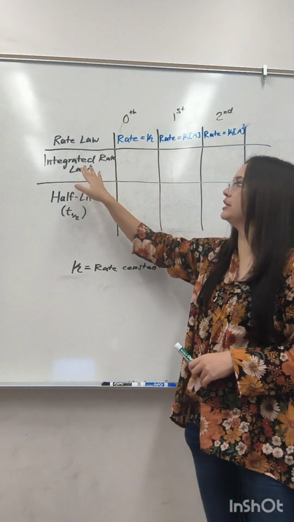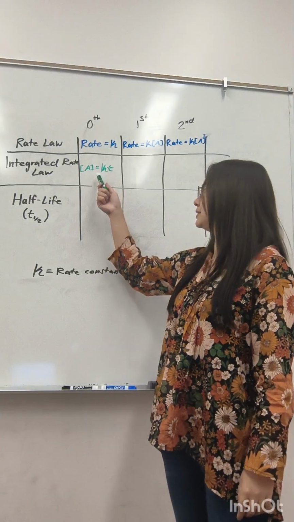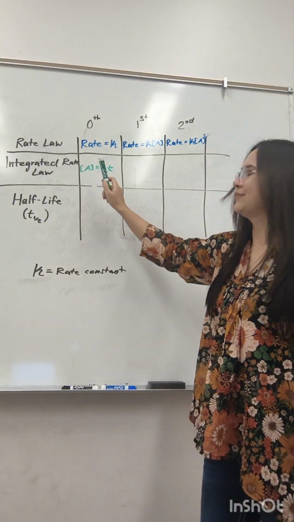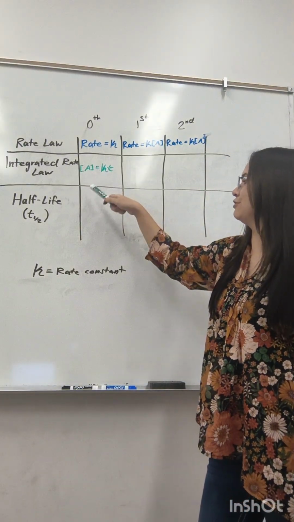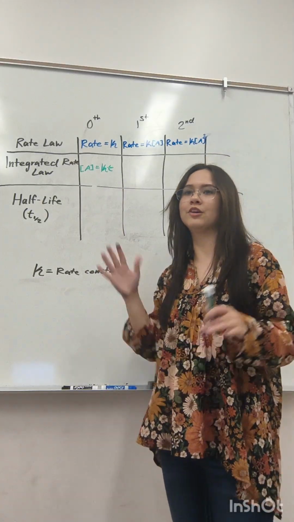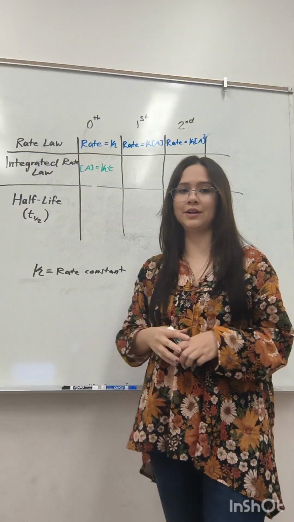Now we're going to move on to the integrated rate law. So for the 0th order integrated rate law, the concentration of A is going to be equal to your rate constant times the time that it took. So we're also going to be doing the charts or the graphs to see what the lines would look like as well.